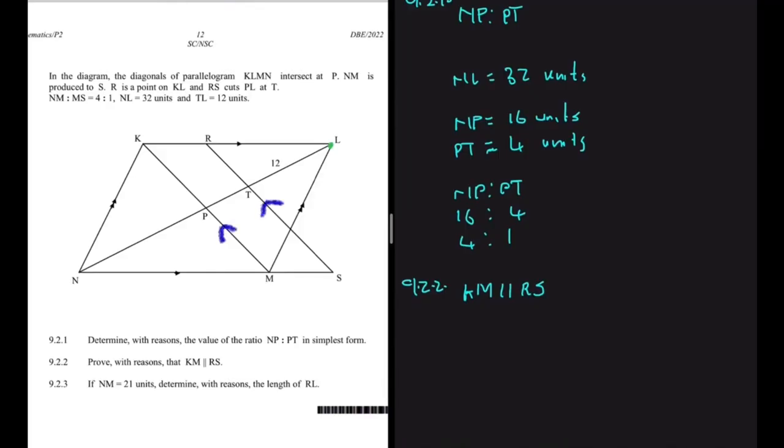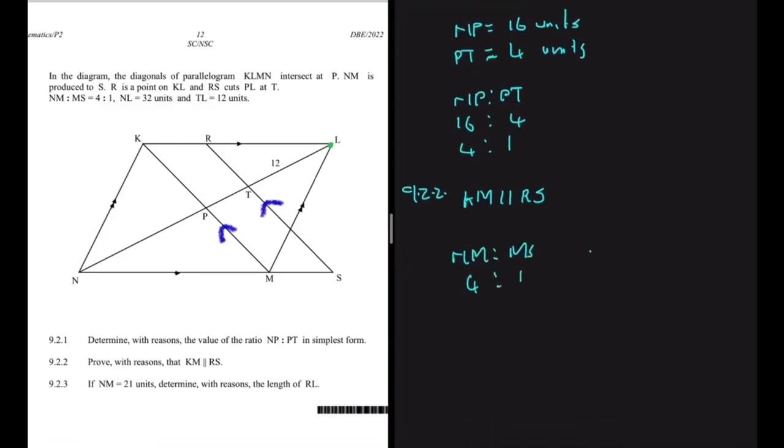We know that NM to MS is 4:1. And now we have proved that NP to PT in its simplest form is 4:1. These two are equal.